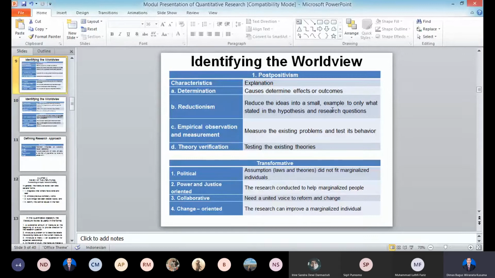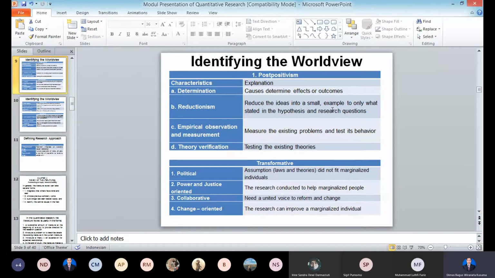For example, you have a topic, factors affecting economic growth, and you have some variables. For example, interest rate, exchange rate, and money supply.